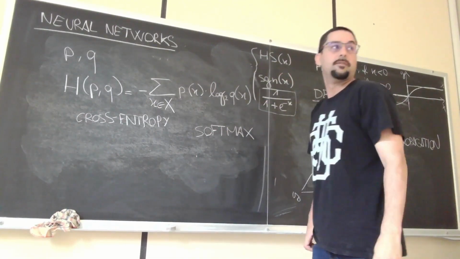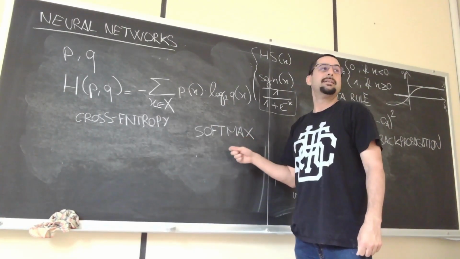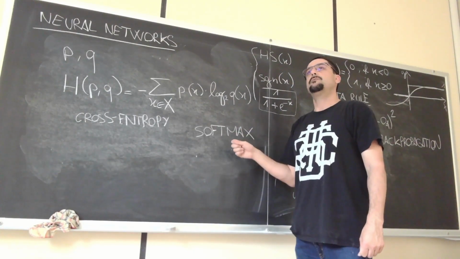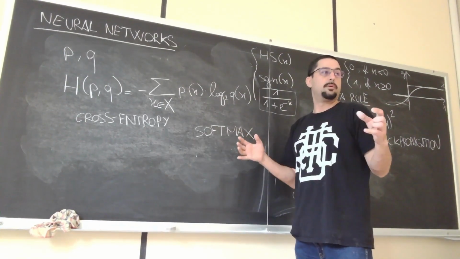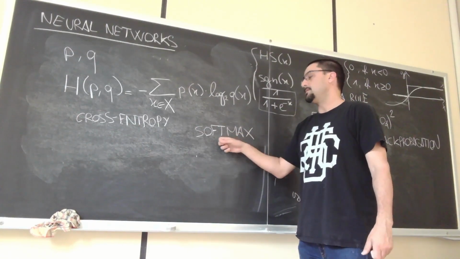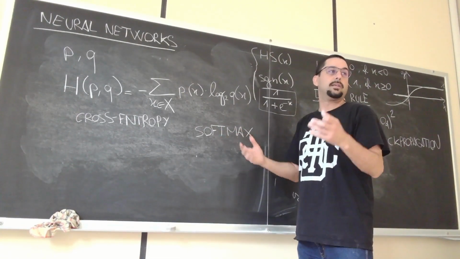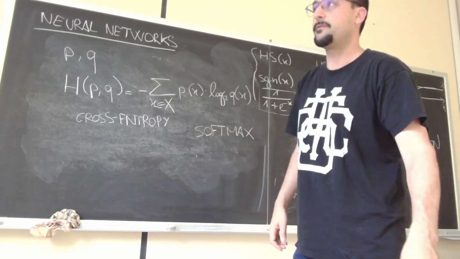The softmax activation function is basically saying: instead of giving a definite value for a label, I compute a probability distribution over all possible labels, and then I return the argmax, so the label with the highest probability. This is the idea of the softmax activation function.